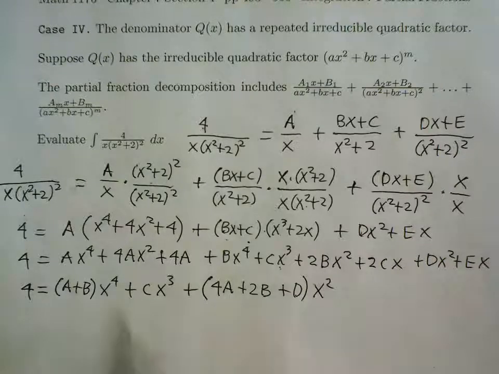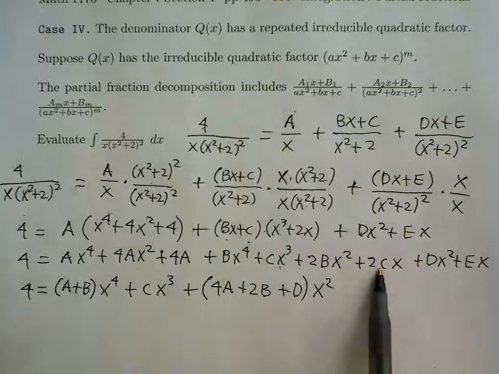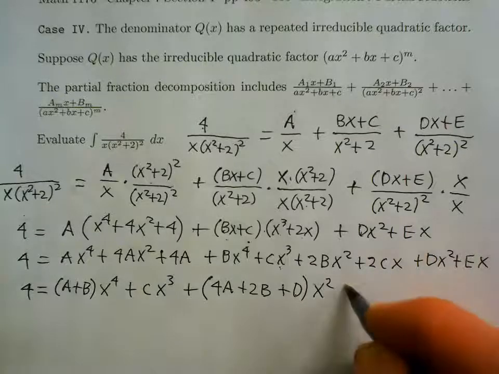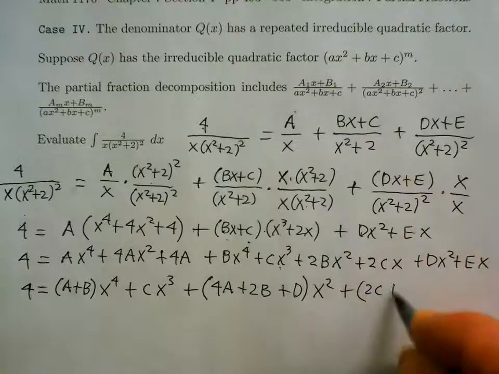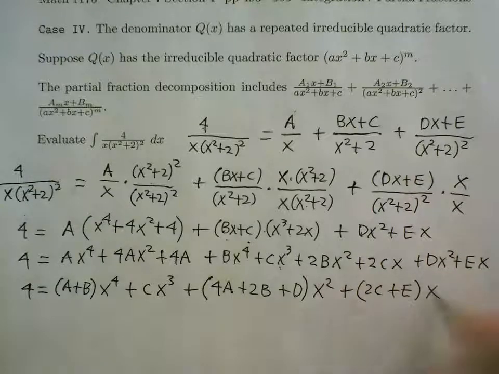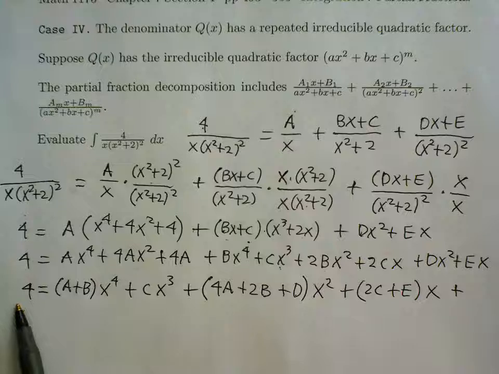Okay, then the x terms. So there are 2 x terms, 2cx plus ex. So we'll write this as plus the quantity 2c plus e times x. Then there's a constant. There better be, because it has to simplify to a constant.